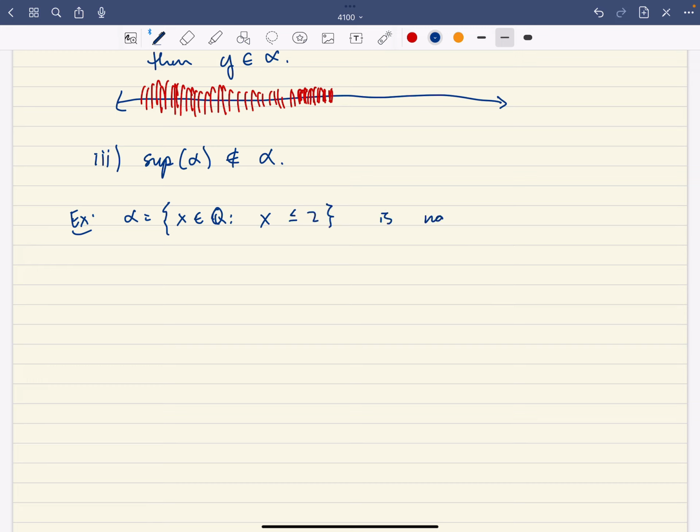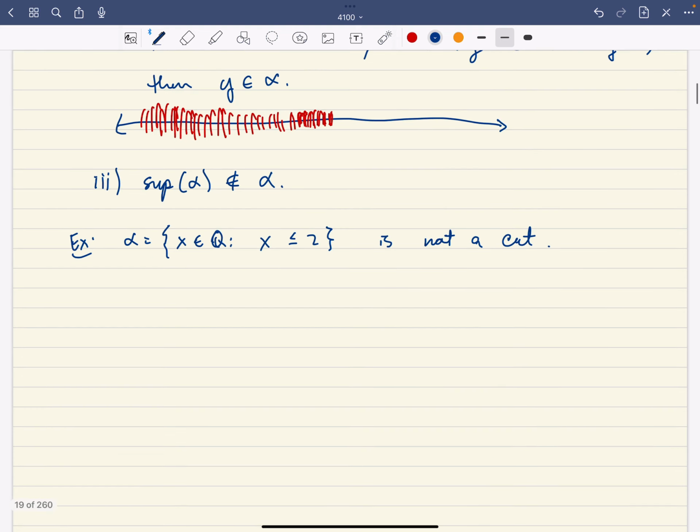This is not a cut because the supremum of the set is 2, as we discussed, and 2 is in alpha. It's not allowed to be. So we're only saying that a set is a cut if the supremum is not in there. So if I wanted to make that a cut, I would have to talk about the set of rational numbers that are strictly less than 2. This is a cut.